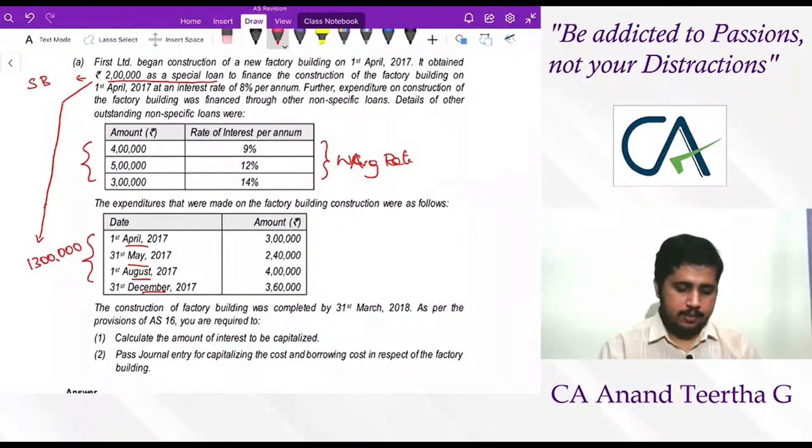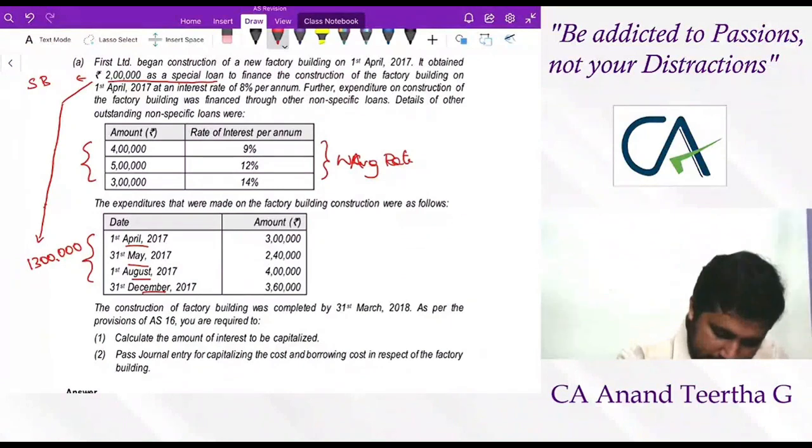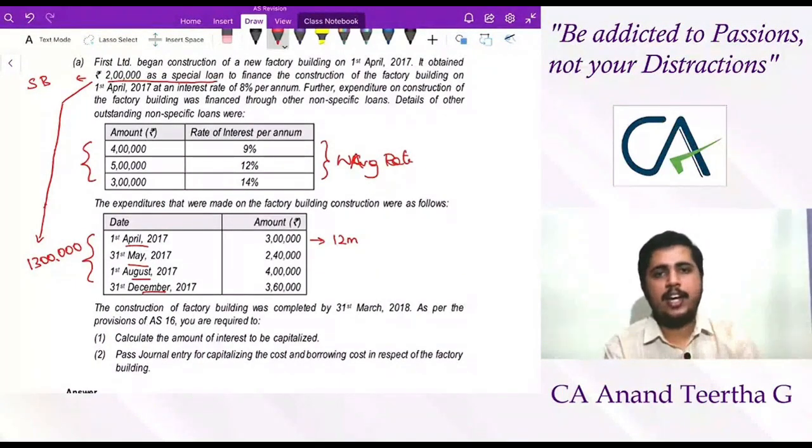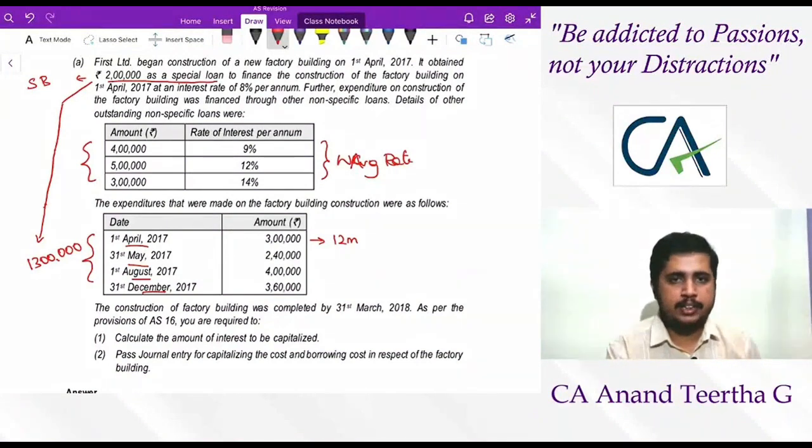The point is, say April 2017, you utilize the loan for the entire 12 months. Isn't it? Because 1st April is the opening day of the year and 1st April 17 is the date of using the loan, which means you utilize the loan for the entire 12 months, which means interest of the entire 12 months will be allowed for capitalization.